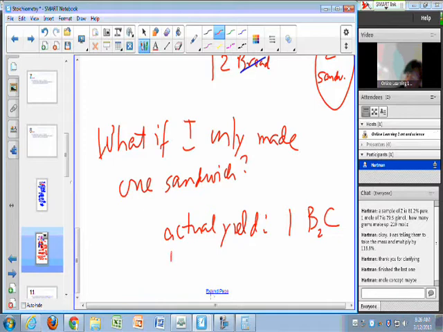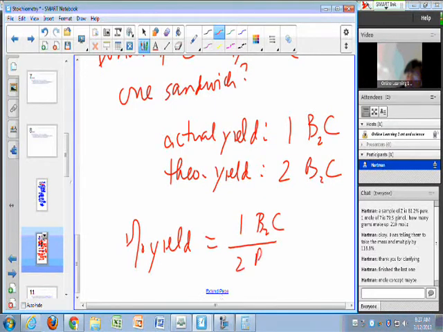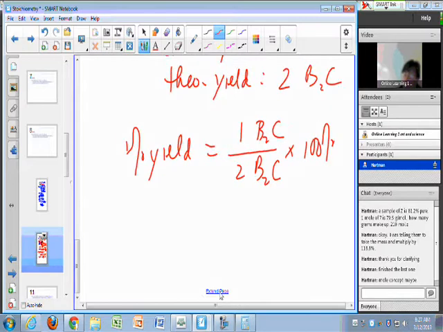But my theoretical yield, based on how much I have, is 2 sandwiches. So I would say that my percent yield is 1 out of 2 possible sandwiches times 100%. 1 out of 2 is 50%. So that's the idea.